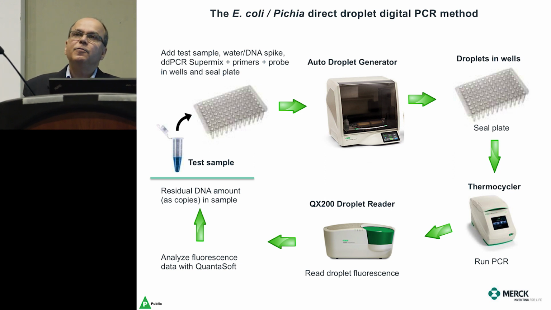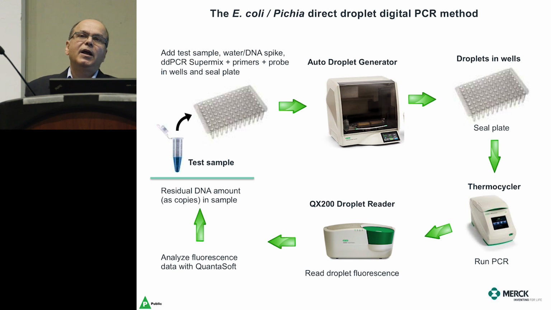And if you think about some of the reactions with some target is highly efficient, some are low efficiency, what your readout is an aggregate of that. Now you think about partitioning that reaction into droplets, say 20,000 droplets, 20 microliter into 20,000 droplets. And now the reactions are happening inside of each of these droplets.